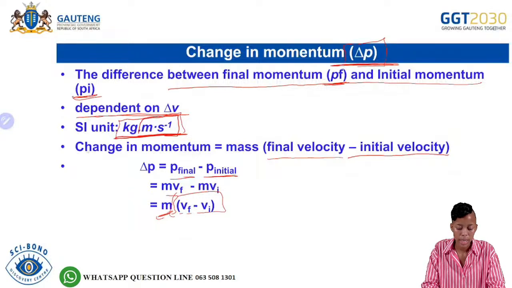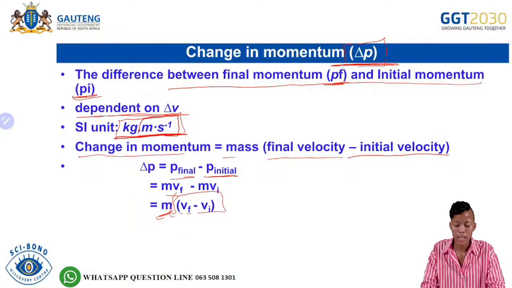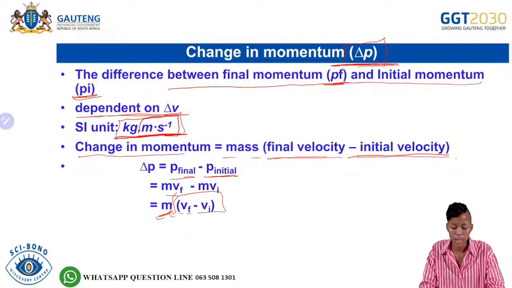So again, the formula is therefore change in momentum is equal to the mass into the final velocity minus the initial velocity. And in symbols, the change in momentum is equal to P final minus P initial. When you break it down, you will have mv final minus mv initial.